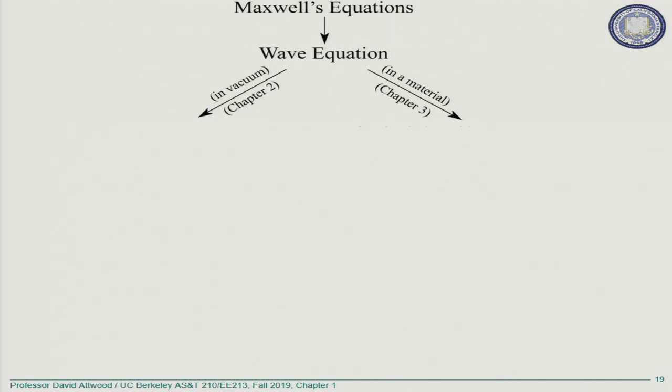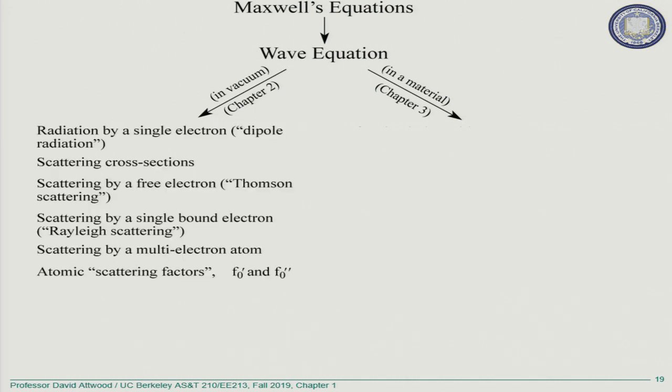And so from Maxwell's equations, we get the wave equation, and then chapter 2 is about the wave equation in a vacuum. So we talk about single electron radiation, scattering cross sections, Thomson scattering, and eventually get to the atomic scattering factors.